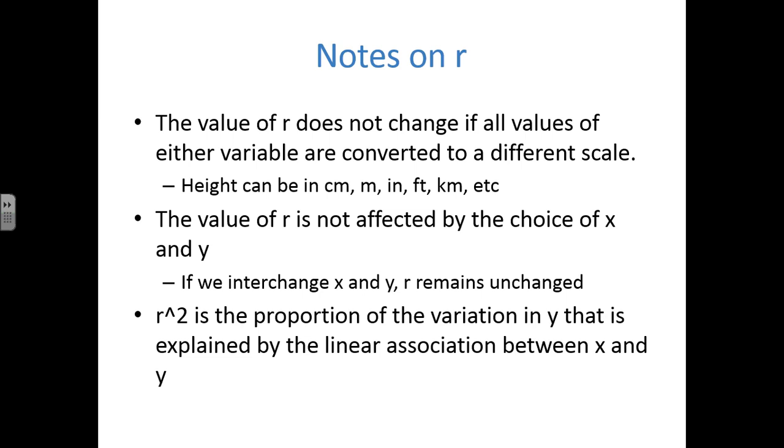That means there is another 28% of your blood alcohol level that is explained by other things. For example, it could be your body's metabolism. It could be your body's mass, your weight. Okay, so r squared measures the proportion of the variation in y that is explained by the linear association. And it is actually the correlation coefficient r squared.